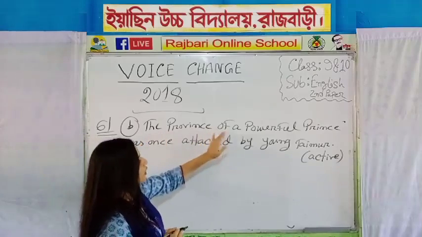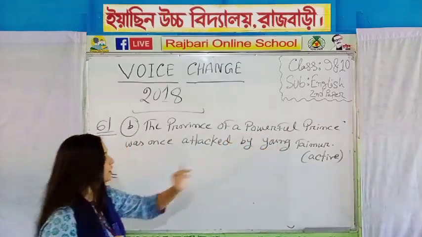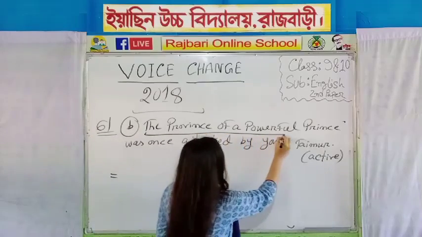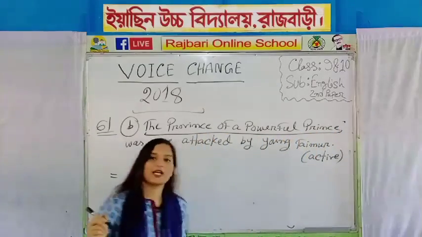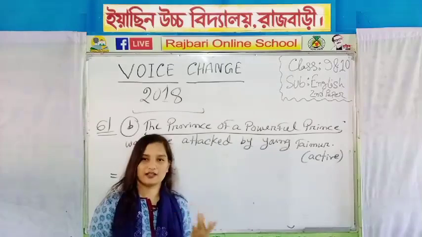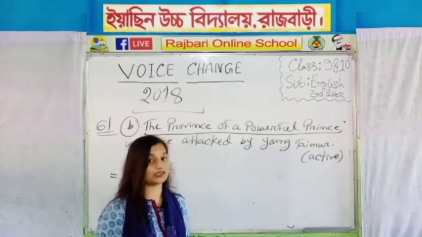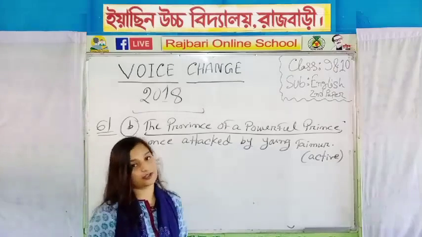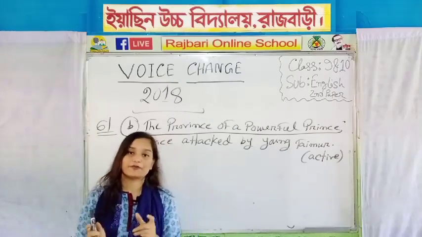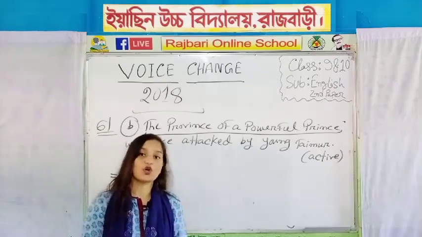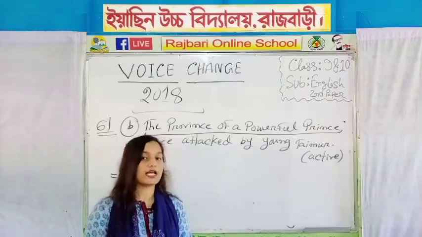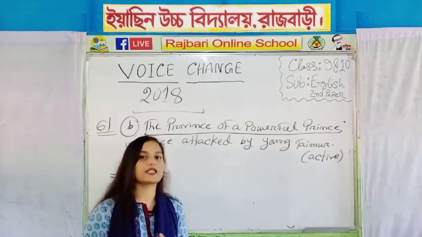The province of a powerful prince. So this is the subject here. Now this is quite a lengthy subject, right? Long subject. So sometimes we may face difficulties identifying the subject. Remember one thing, whenever you ask the question who or what, the answer you get will be the subject.